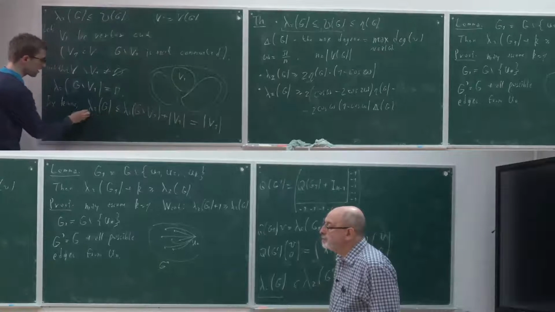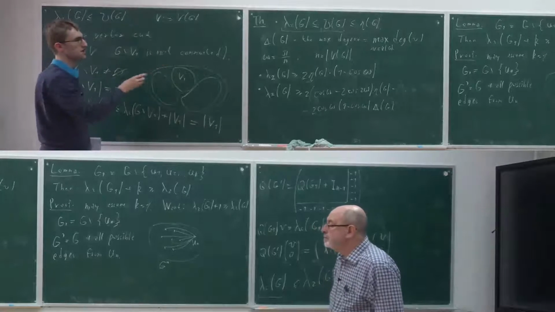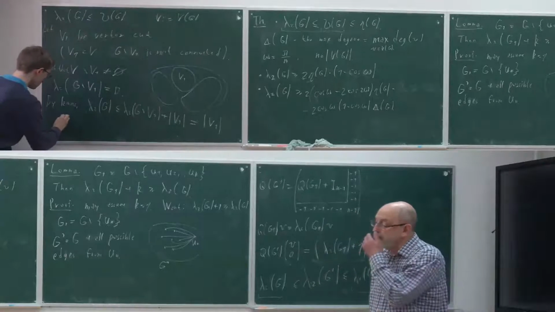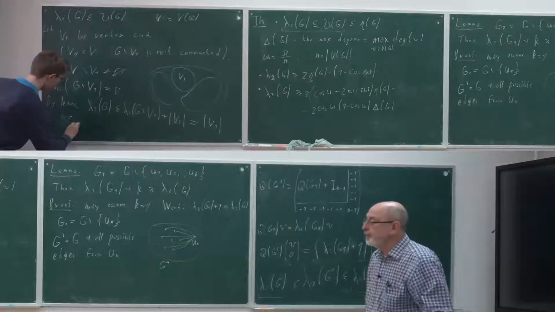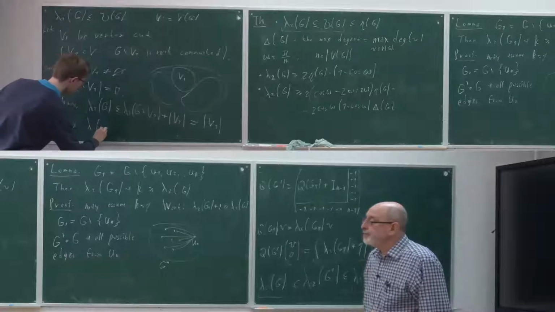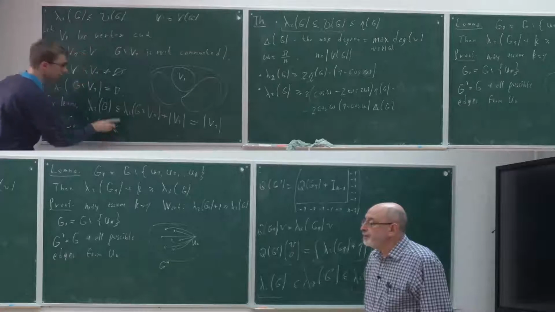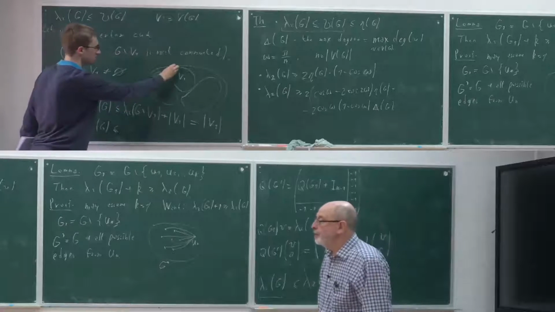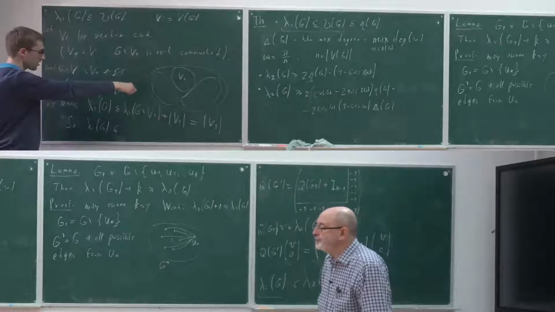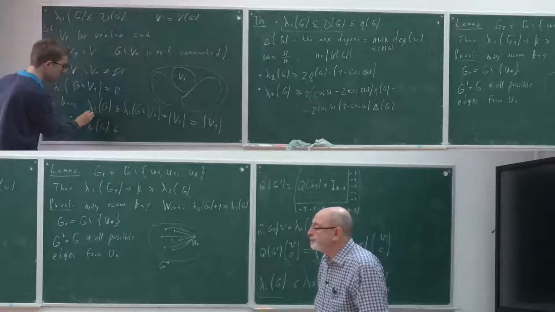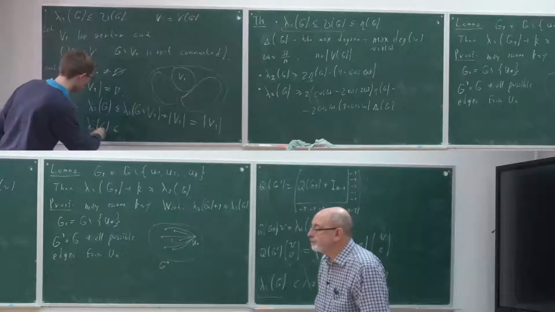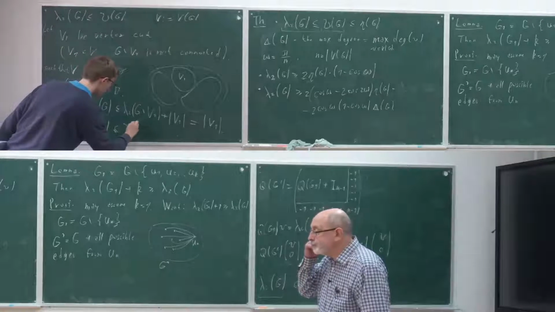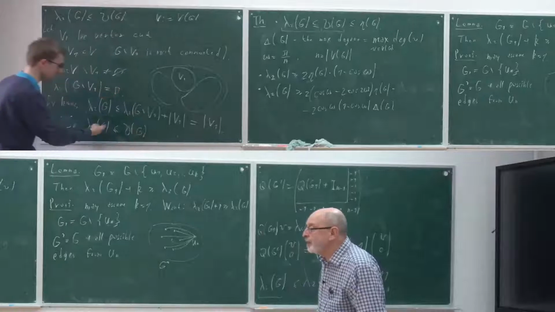By the very definition of the vertex connectivity, it follows that for any subset of vertices, if we remove them and obtain a non-connected graph, we have this inequality, and then it follows that lambda 2 is less or equal than the vertex connectivity, just by the definition of vertex connectivity.